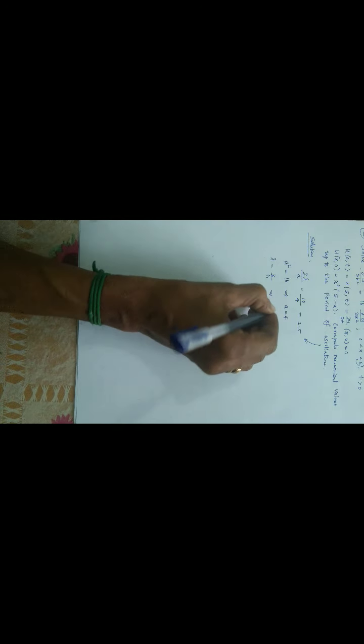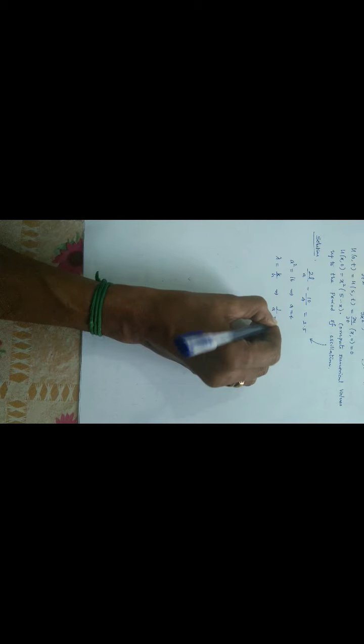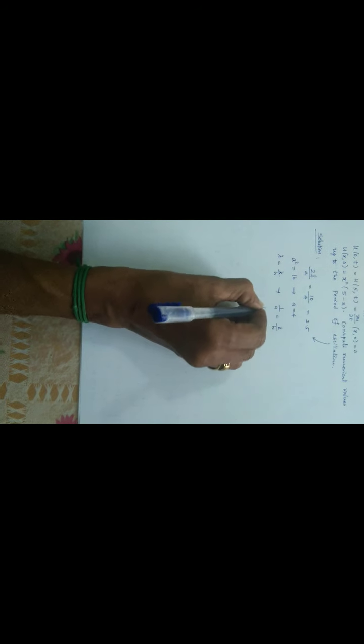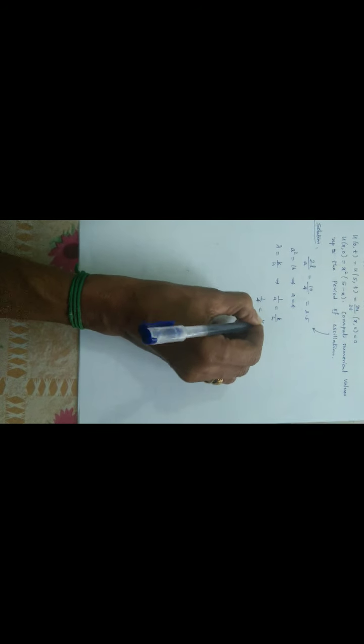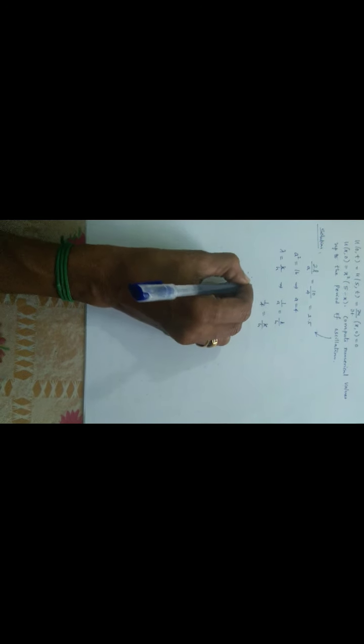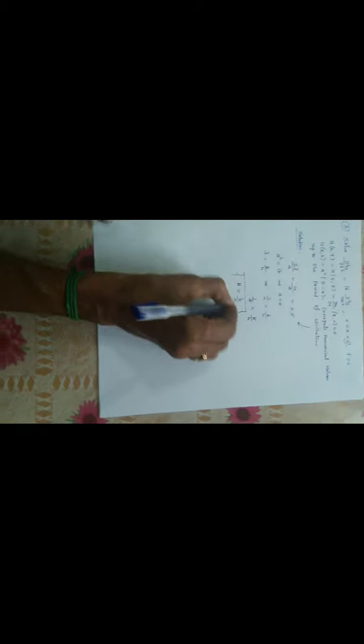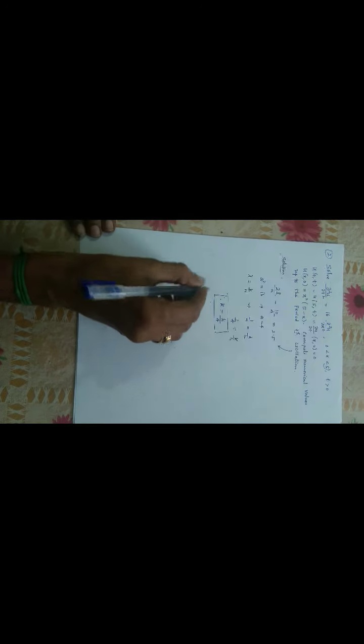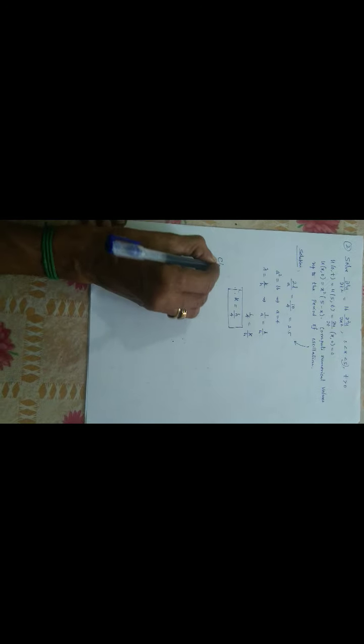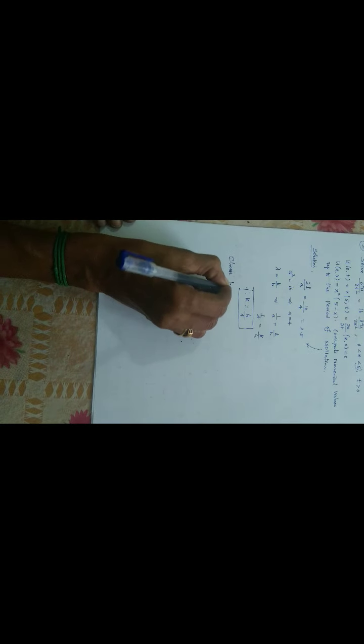So lambda equal to k by h, lambda is 1 by a, therefore k equal to h divided by 4. This is the relation connecting k and h. Now the material length is given as 5, 0 to 5. So I am going to choose step size as 1.